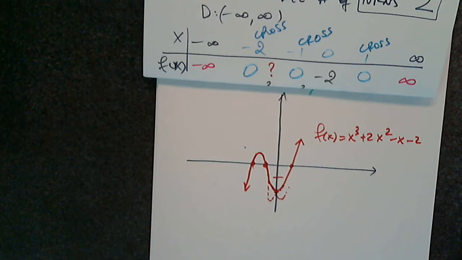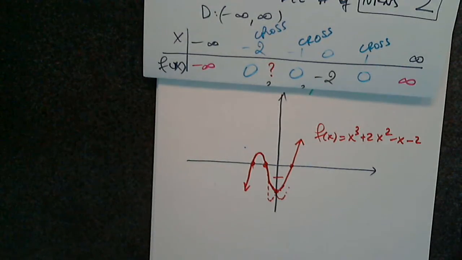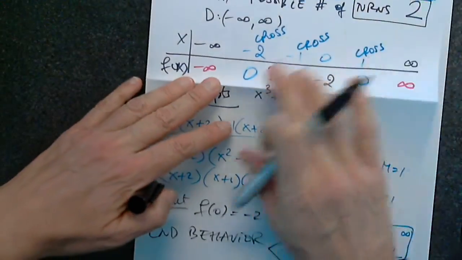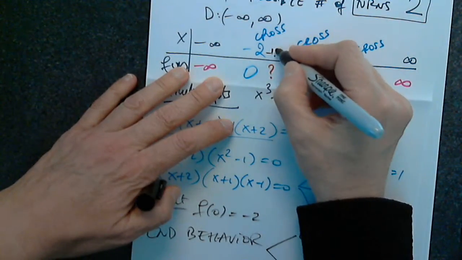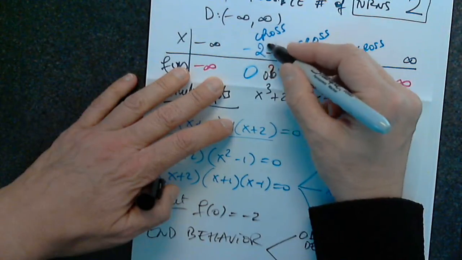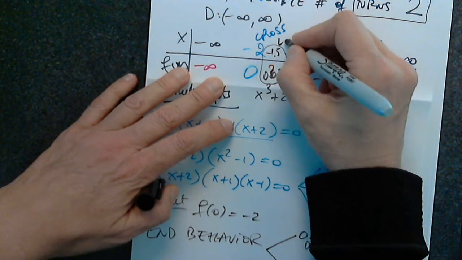And now it says a guess. I don't want to guess. Just press enter again. And it will give us the maximum. And the maximum is when x is negative 1.5 and the maximum is 0.6. I will put it in my table right here as negative 1.5 and 0.63. And I'm going to say that this is a local max.